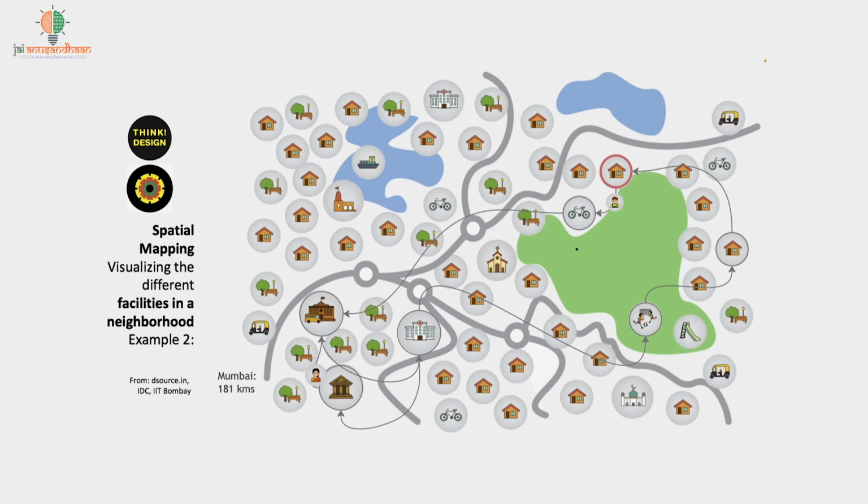Okay, you can see the green park areas, the lakes at one glance, and you can see that the households are surrounding everywhere. Okay, so there's a temple, a church, and a mosque, so you have all these surrounding this region.